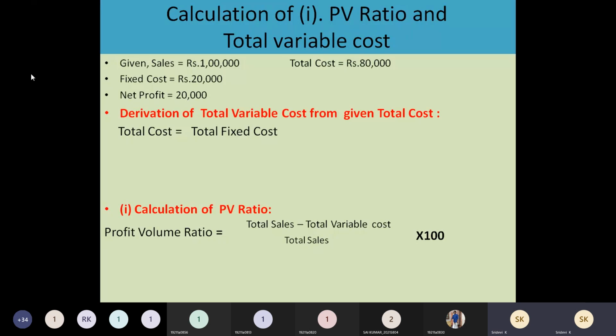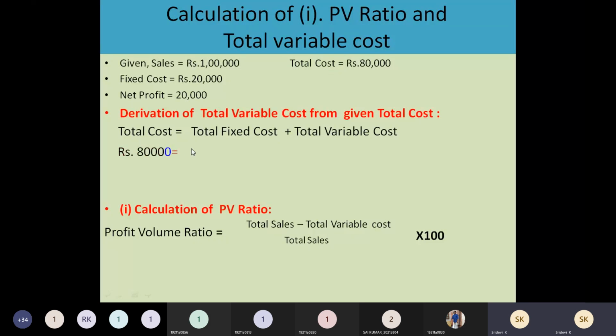So you have to recall all the formulas which we have used theoretically. The same formula we are using here. Total cost is equal to total fixed cost plus total variable cost. Here fixed cost information is there and total cost information is there, so we can derive total variable cost now.